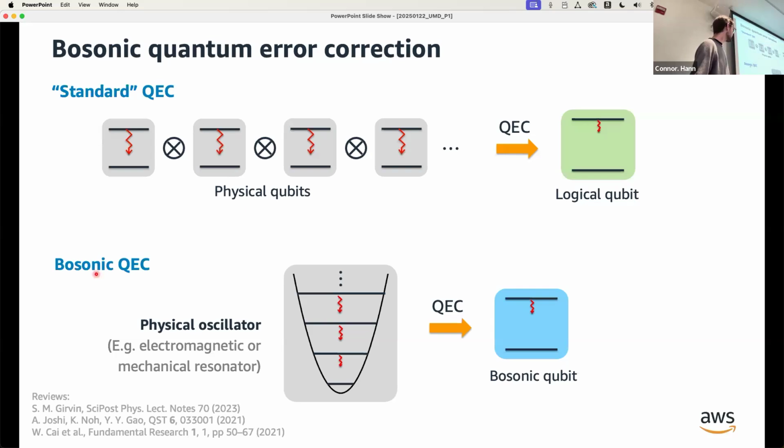Now, what's particularly nice about this bosonic QEC is that even with just a single physical element, this one oscillator here, we already have the ability to begin correcting some errors. And so that already hints that this kind of approach is going to be potentially more hardware efficient for us because we need only one physical element to start handling and correcting some of the errors.